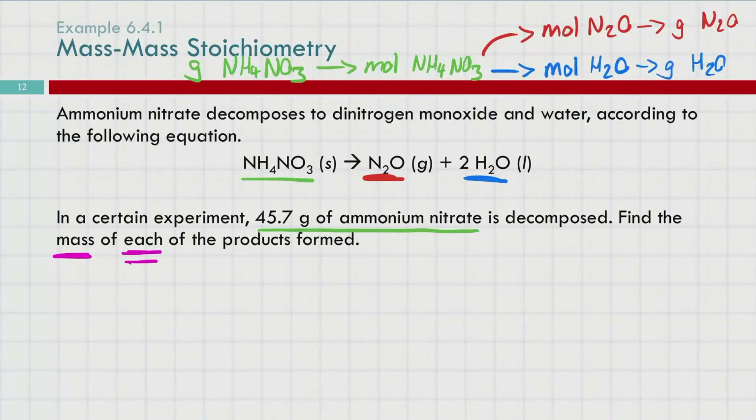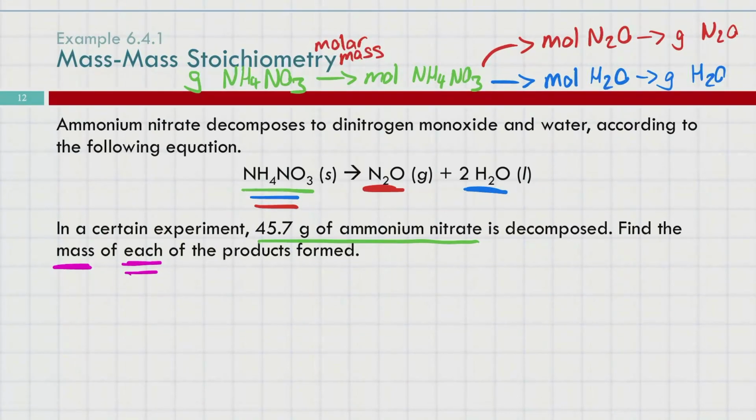We need a couple of things. 5 things we need for our solution map for each of the steps. We need our molar mass to complete this first step. We also need a molar mass for these last steps.